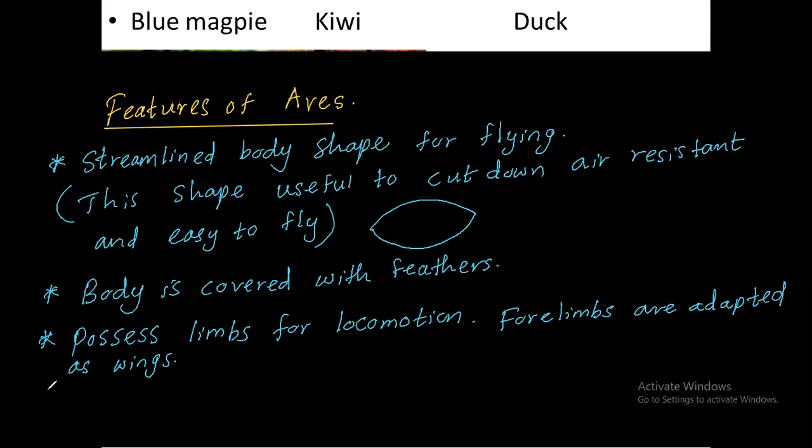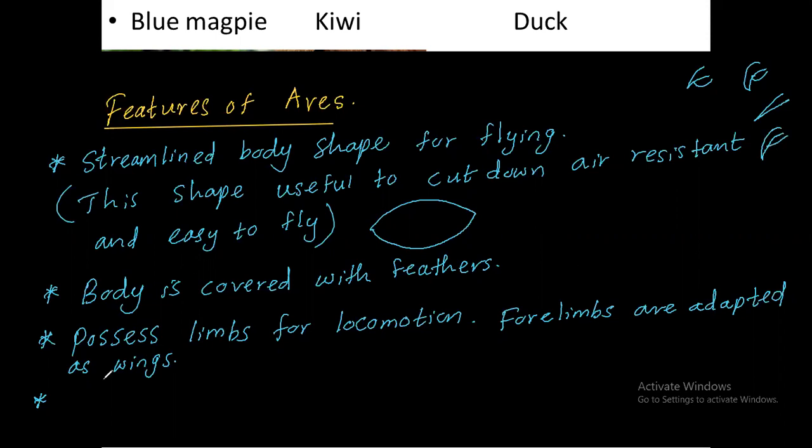But they don't have teeth, right? But they have a beak. They do not have teeth, but the beak is adapted for feeding. There are different types of beaks. It's like a hook-like beak, right? Some have a sharp-pointed beak, like the eagle has this sharp blade-like beak.